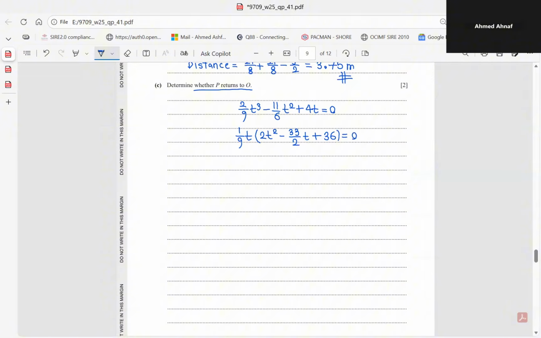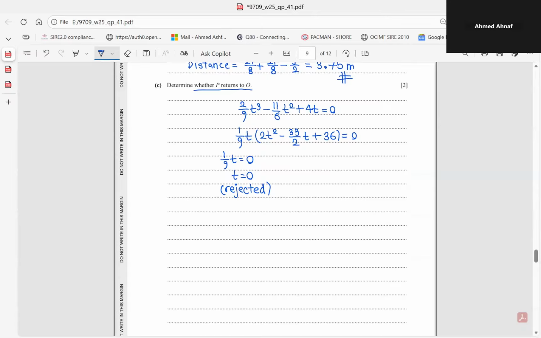So you'll get 1 over 9t equals 0, and then you'll get t equals 0, which is obviously not what we're looking for, because at t equals 0, it's at O. So we have to solve this equation.